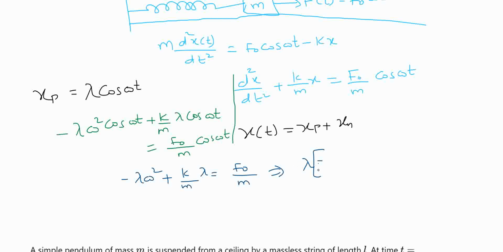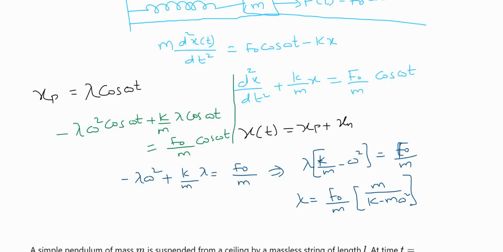Lambda times k by m minus omega square is equal to f naught by m. So lambda will be equal to f naught by m into m by k minus m omega square.